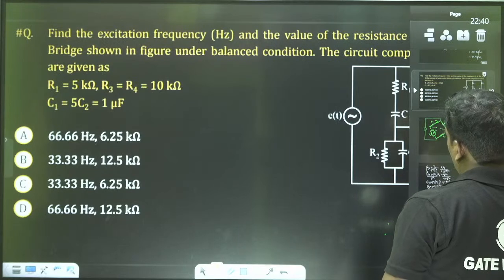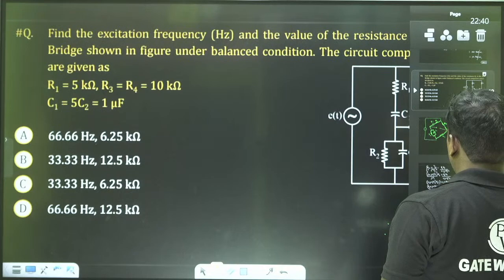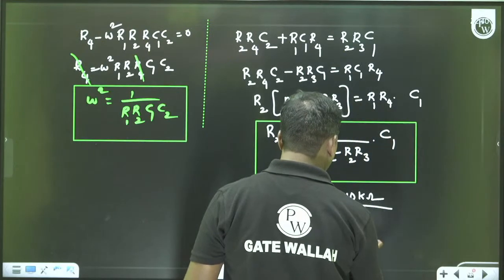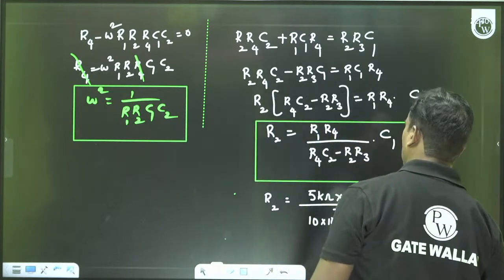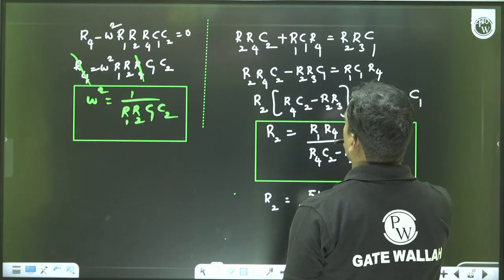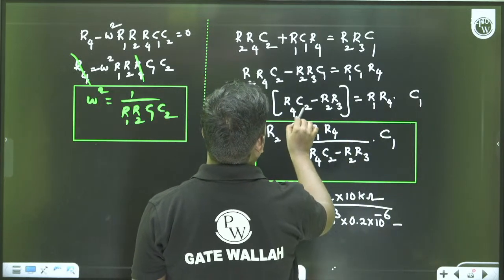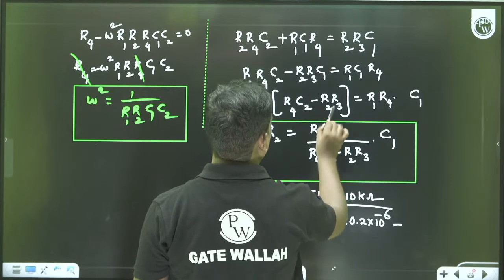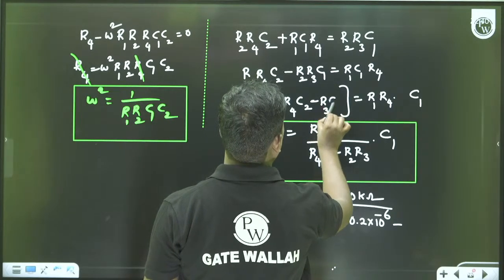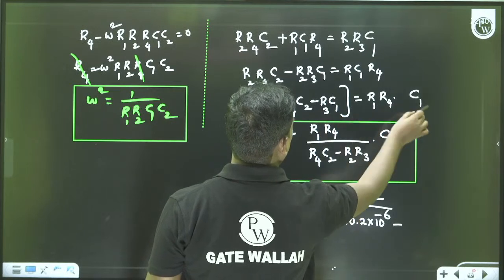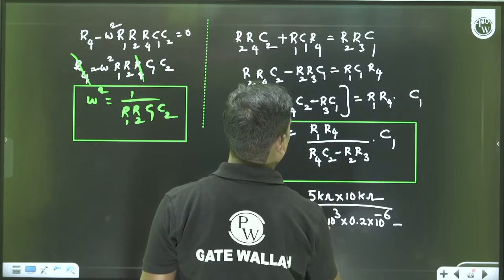C1 is equal to 5C2, 1 microfarad, so C2 is 1 by 5, 0.2 microfarads. So R2 is equal to R1 R4 by R4C2 minus R3C1.